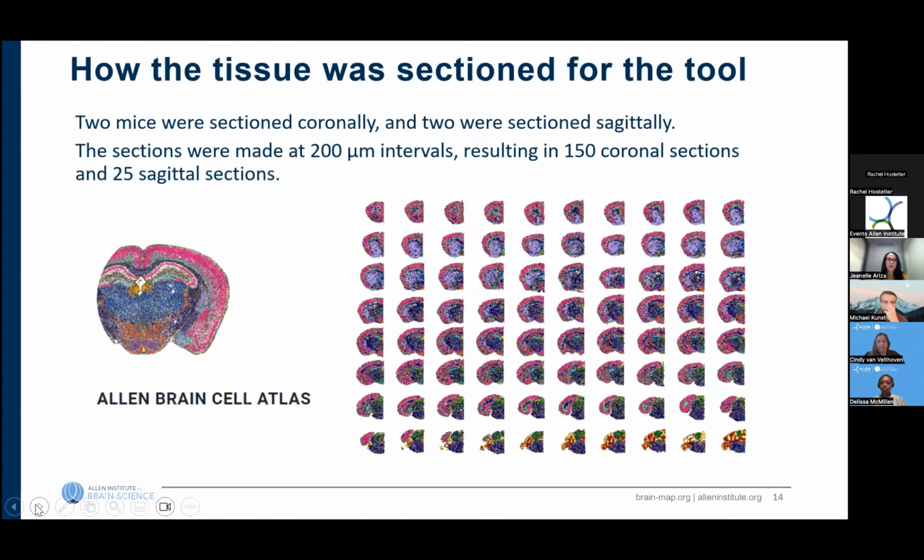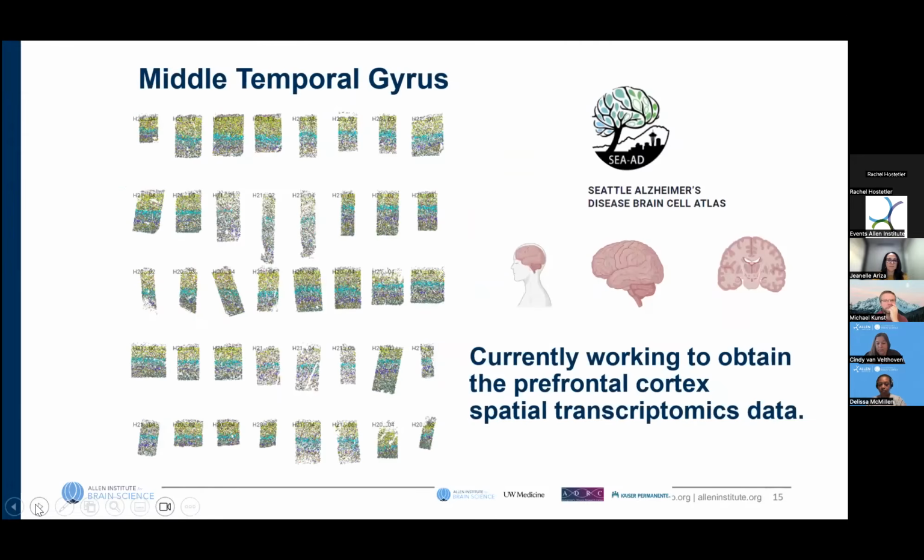So for the mouse brain atlas, we section two animals, two mouse brains coronally, and two were sectioned sagittally. The sections were made at specific intervals of 200 microns, resulting in 150 coronal sections and 25 sagittal sections. Next.